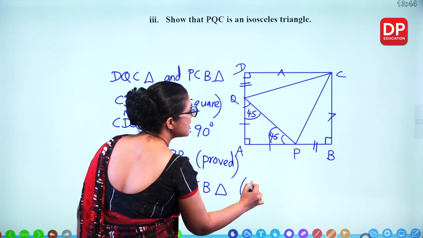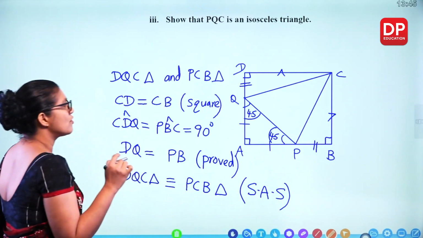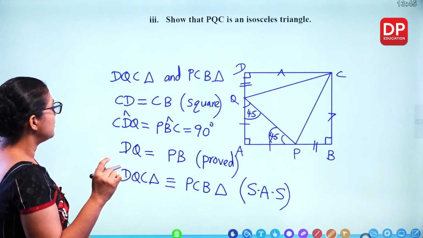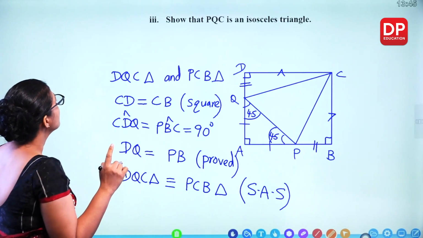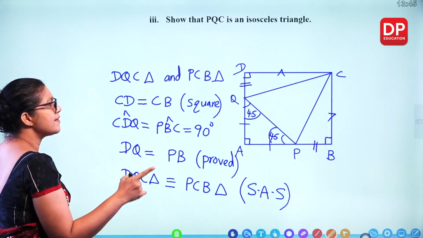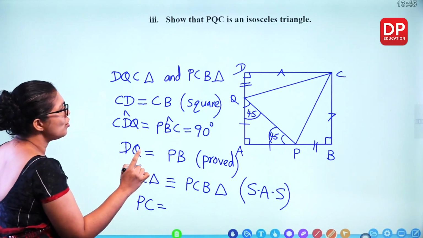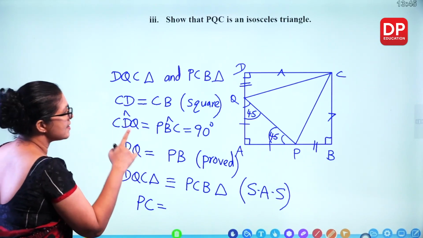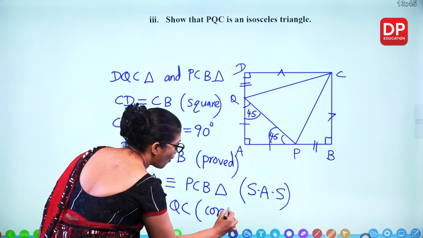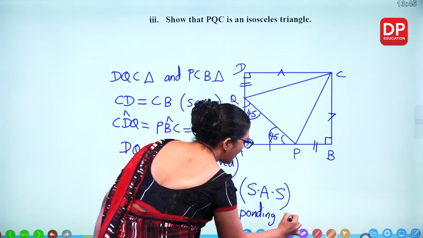What's the case? Side angle side. So that's the situation and both are equal. So because of that, opposite to 90 degrees, that's PC. So PC is equal to opposite to 90 degrees, that's QC. These 2 lengths are equal because of corresponding elements.